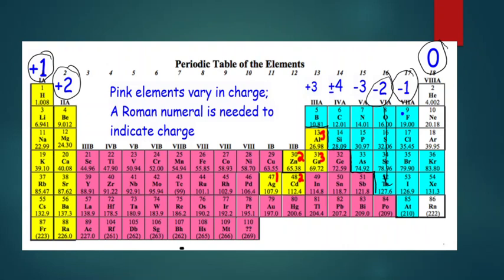So -3 is only for those. -4 is going to be, and +4 is just going to be for those. +3 is only, okay, so the yellows are kind of weird. So in the box itself, put +3, +3, +2, +2, +1.